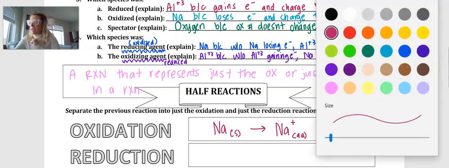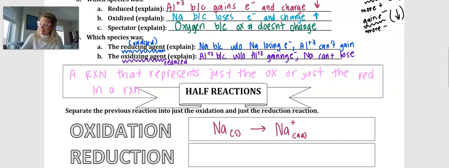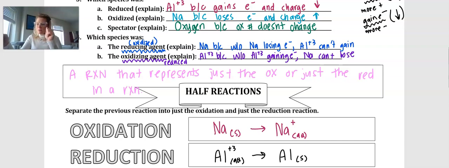Our reduction reaction went from aluminum +3 aqueous to aluminum solid, okay? So from there, according to mass, these are already balanced, but according to charge, they're actually not.